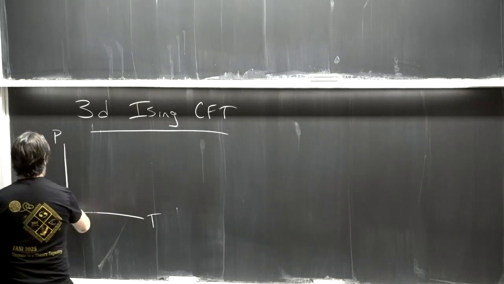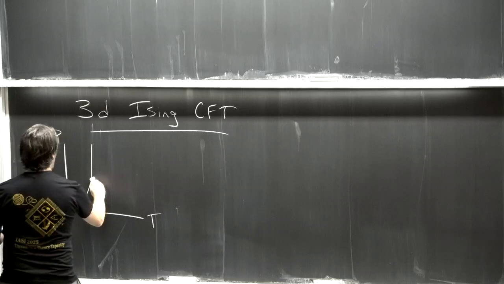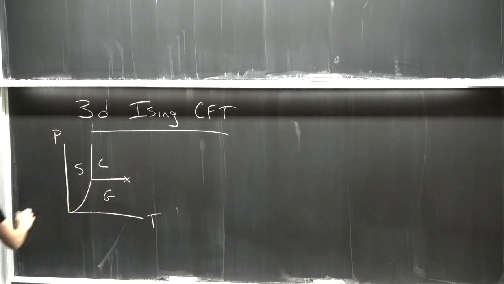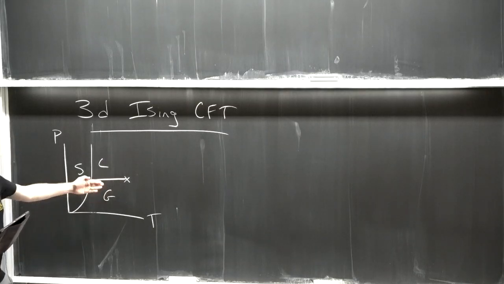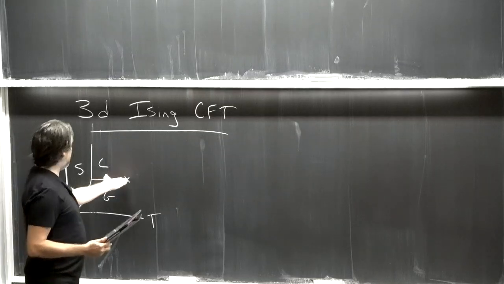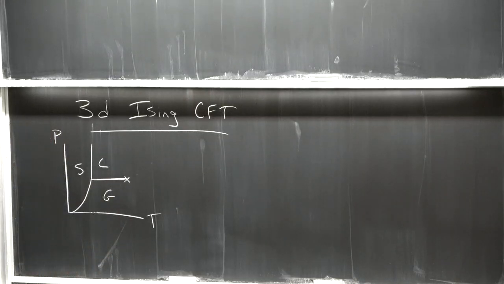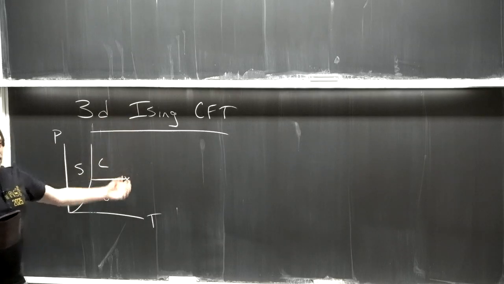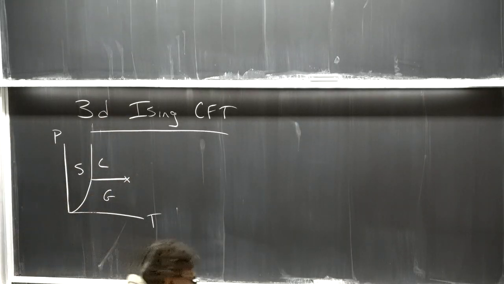Of course, it has solid, liquid, and gas phases, but there's always some kind of point at the end of the line separating liquid and gas phase, and that's called a critical point. And in basically all fluids that we know about, the dynamics of the critical point are described by the critical 3D Ising CFT. So that's one place where it shows up.